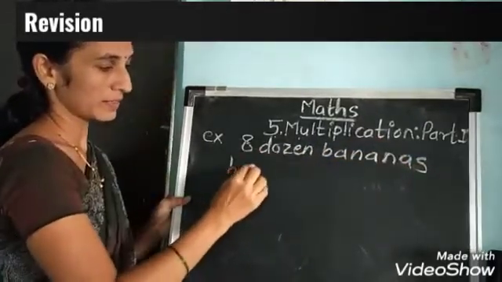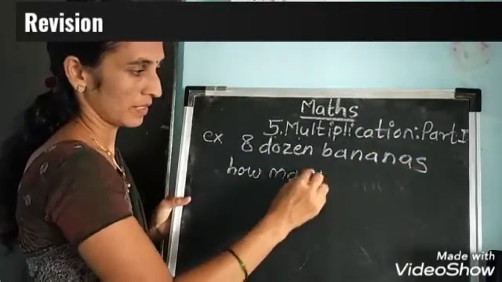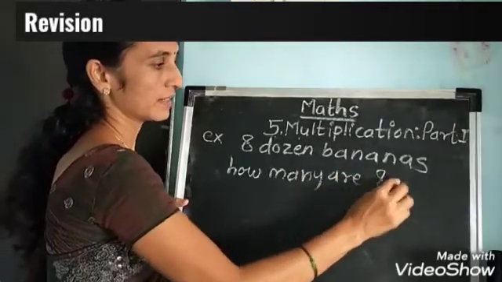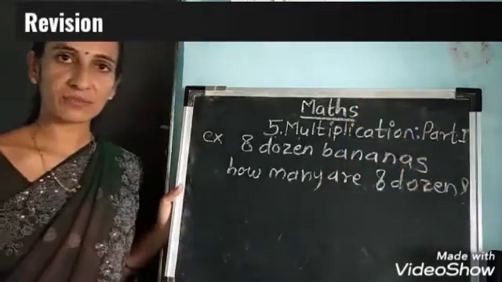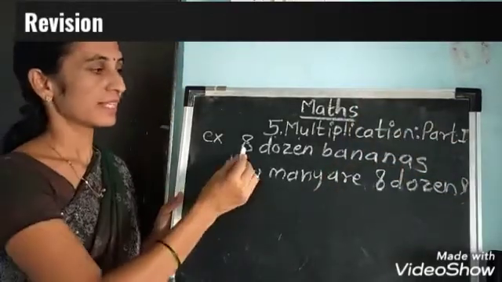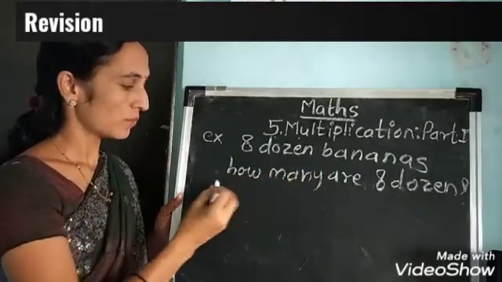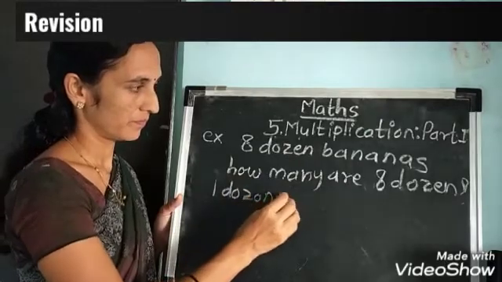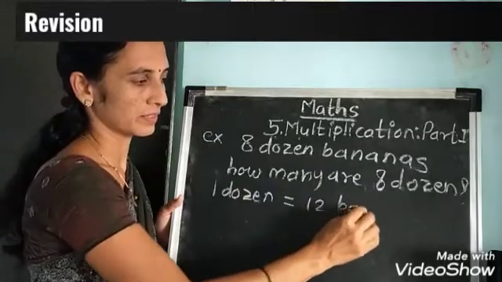How many are in 8 dozen? Can you answer this question? What to do here? See, 8 dozen bananas we bought, and 1 dozen bananas means 12 bananas, right?